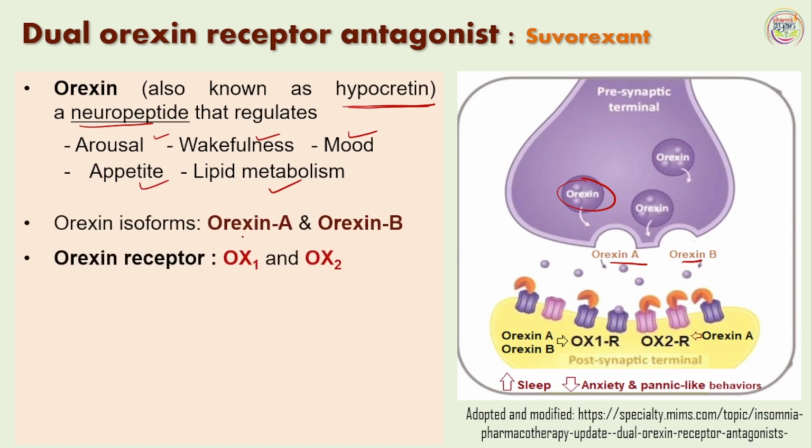So there are two orexin isoforms, orexin A and orexin B, and two orexin receptors, OX1 and OX2.